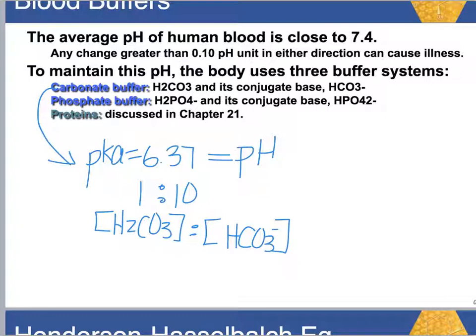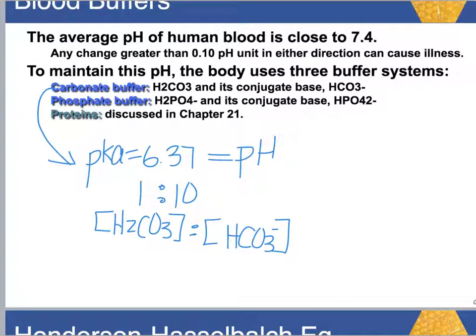The second most important buffering system is the phosphate buffer system, which is made up of the dihydrogen phosphate ion, which is the H2PO4 minus, and the hydrogen phosphate ion, which is the HPO4 2-.